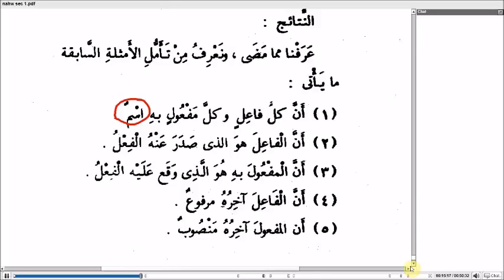The maf'ul bihi is the one that the action falls upon, the object of the action. And al-fa'ila akhiruhu marfu'. The fa'il is marfu'. And the maf'ul bihi, the end of it is mansoob. That's pretty easy, right?